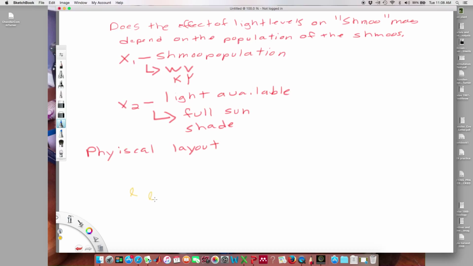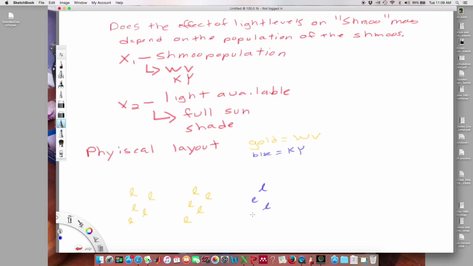We're going to have 5 replicates, 1, 2, 3, 4, 5, in each cell of our design. So we have 10 total West Virginia shmoos. Gold equals West Virginia. And since I'm from Kentucky and we have Kentucky bluegrass, we're going to make our blue color equal Kentucky populations.